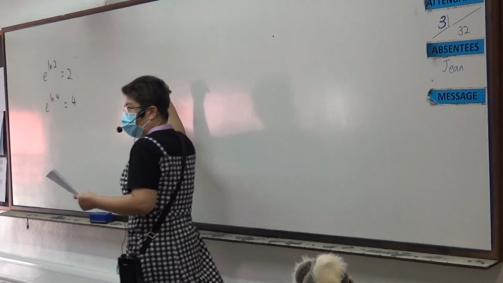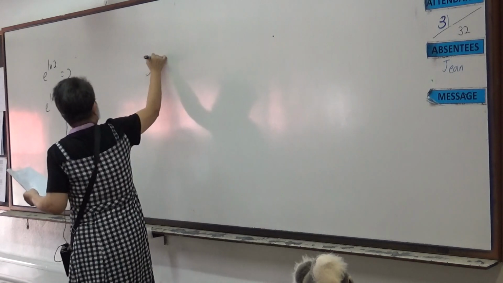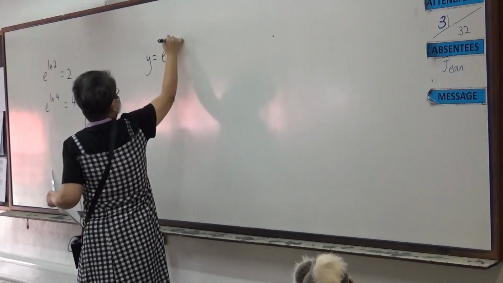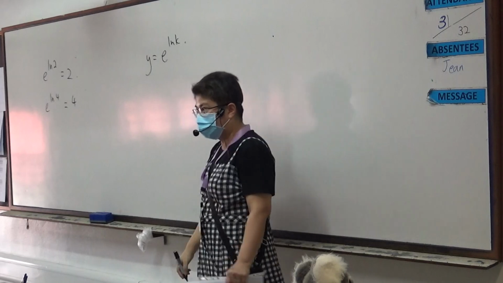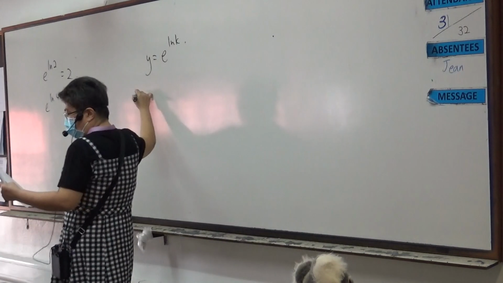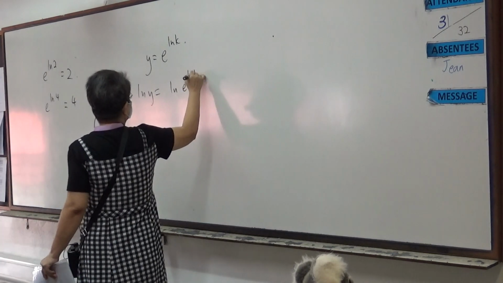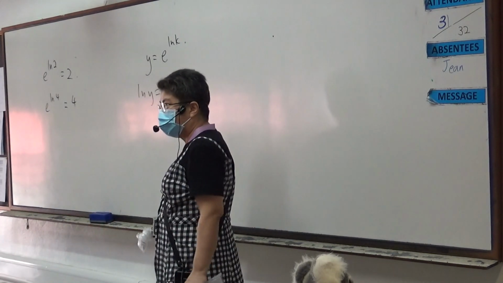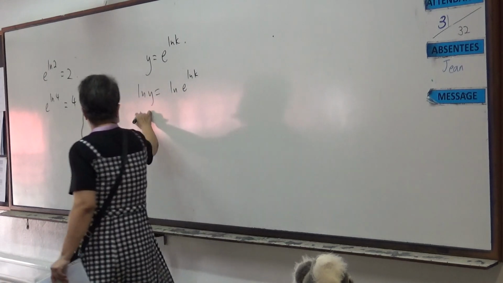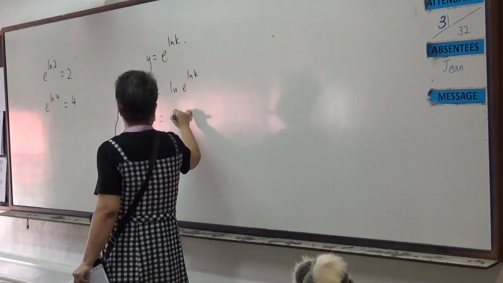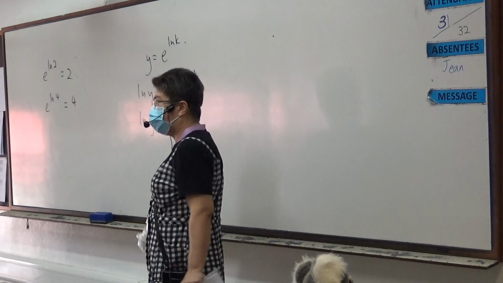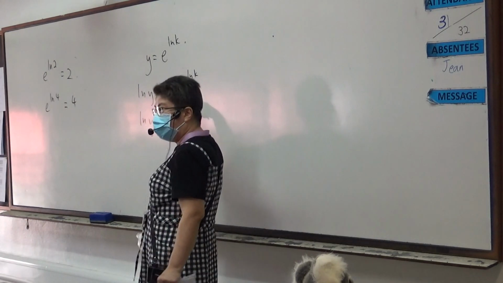So people will say, hey, how do you get this? Okay, now, all of you look. If I let y equal e to the power of ln k, and I take ln on both sides, it will be ln y equals ln e to the power of ln k, right? Correct, class? This is ln y, and this is just ln k, because the ln k comes down and ln e is 1.